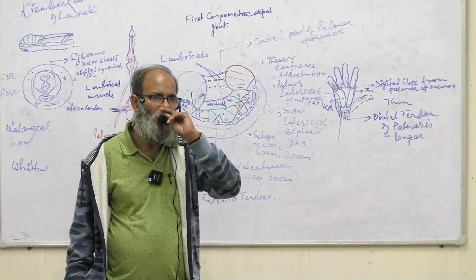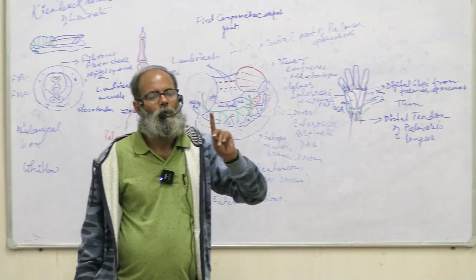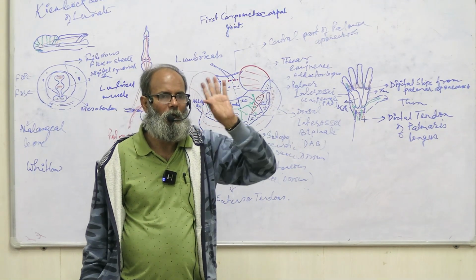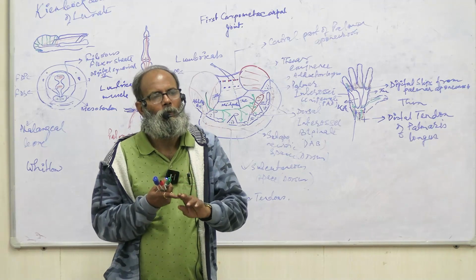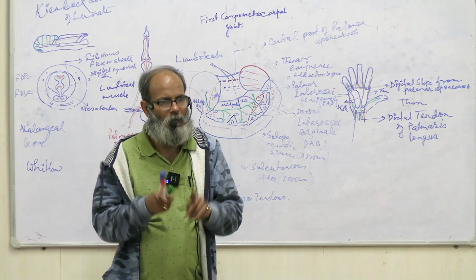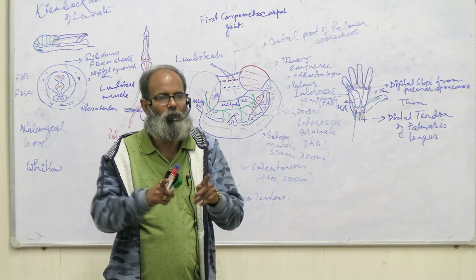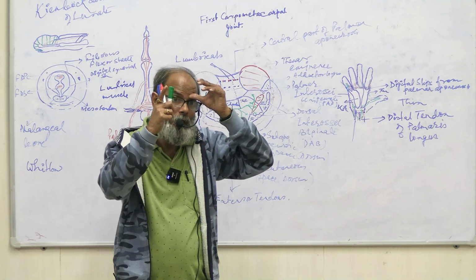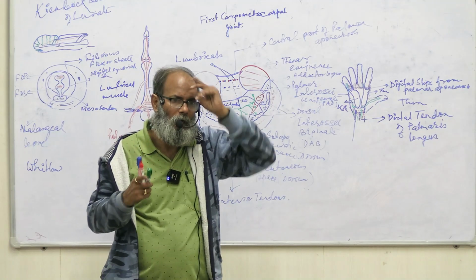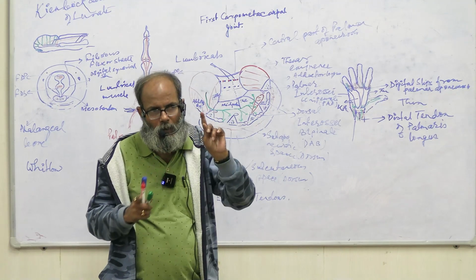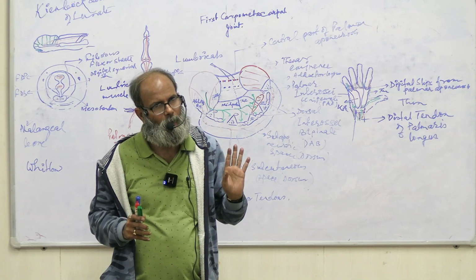Remember one thing: the flexor tendons, that is the flexor profundus and superficialis. As I told you, the superficialis splits and through this the profundus tendon passes up to the base of the distal phalanx, and the superficial tendon is attached on either side of the middle phalanx.